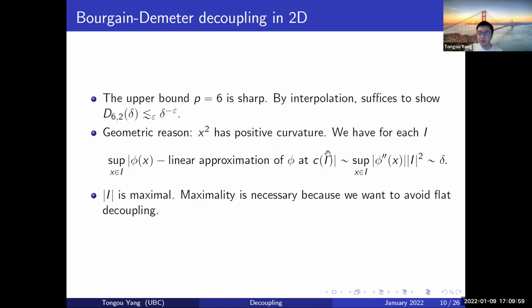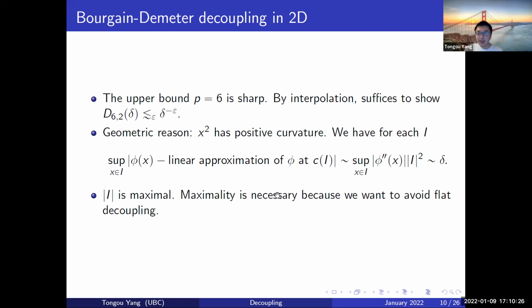So, and more algebraically, this is because the supremum of the difference of the function and its linear approximation at the center of I, this interval, is roughly equal to delta. And because of this reason, the length of I is nearly maximal. By nearly, I mean up to some constant factor of this length.